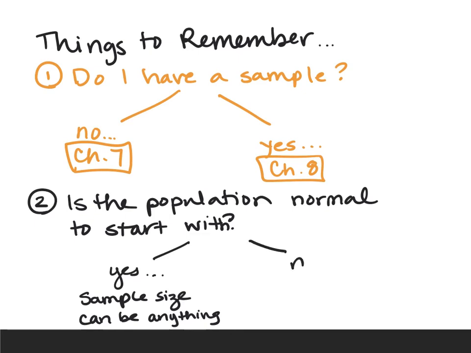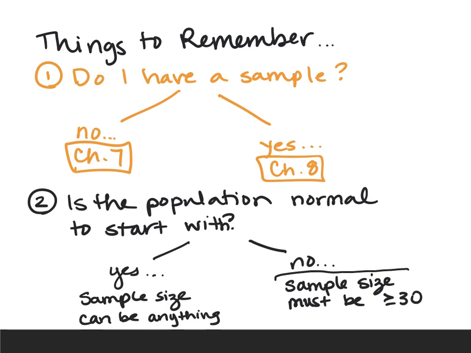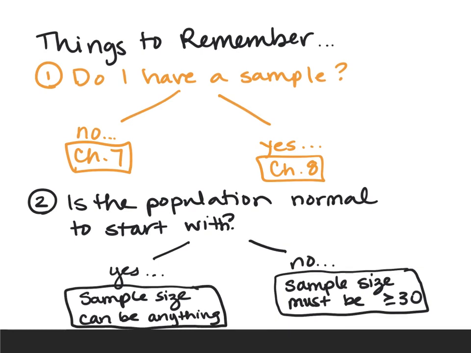If not, then our sample size must be greater than or equal to 30. And again, that 30 may not have to be exactly that big, but based on what our textbook says, if the shape of our population is either unknown or skewed, then we need at least a sample size of 30.